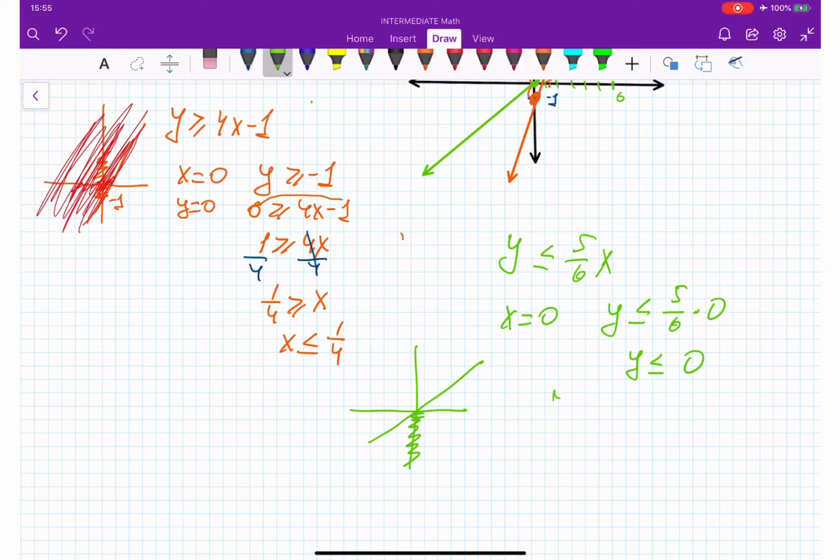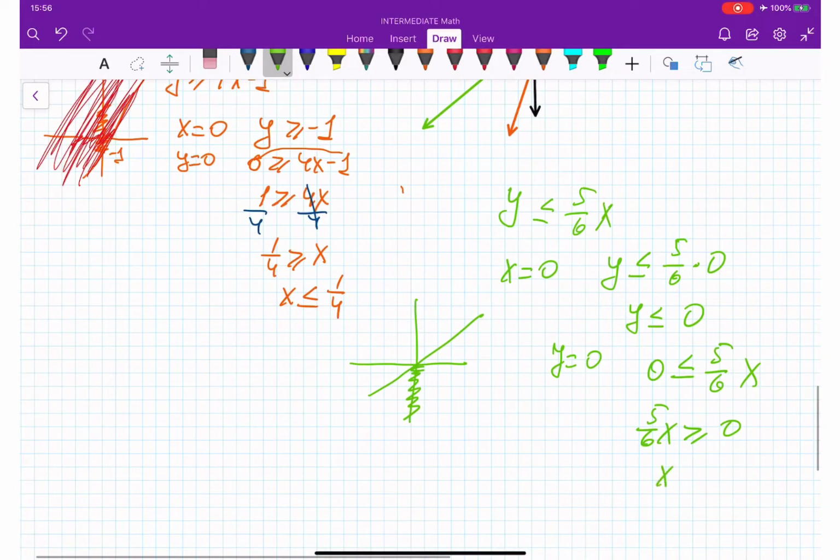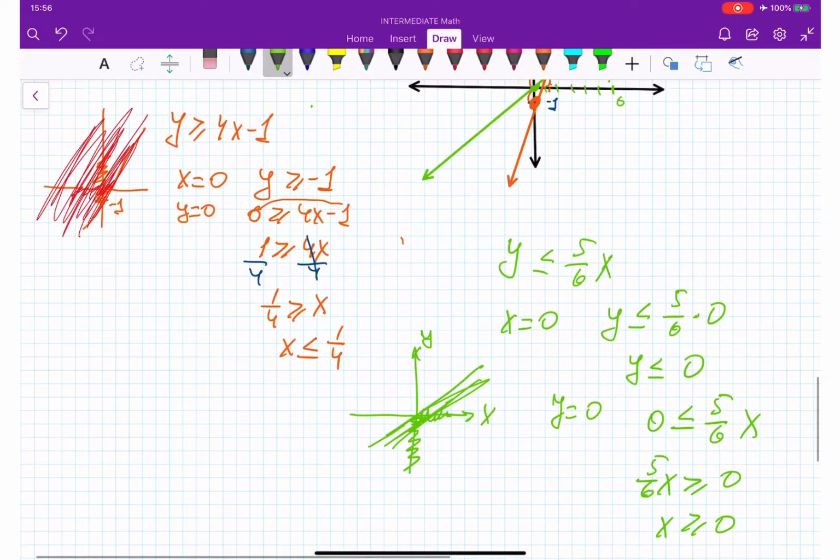Okay, and if y is equal 0, then I'm getting 0 less or equal 5/6x. So 5/6x greater or equal 0, and from here x is also greater or equal 0. So x is going to go this way because this is our x, this is our y, right? So for the green one it's going to be this shading area, correct?